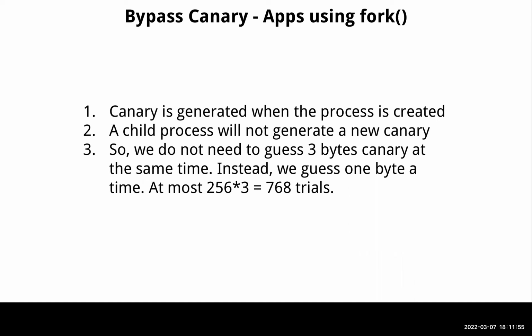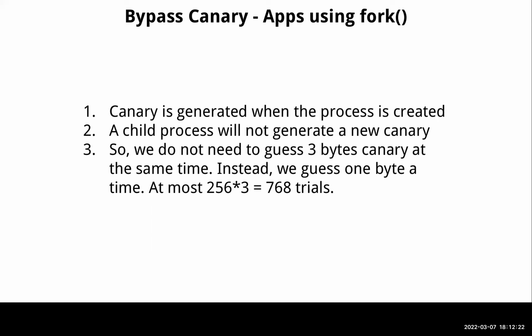We know there are 3 bytes of canaries. So the first time, we're only going to override the first byte. We're not going to override all 3 bytes. So the first time, since we're overriding 1 byte, how many times do we need to guess? 256. Then eventually we can get it, right?